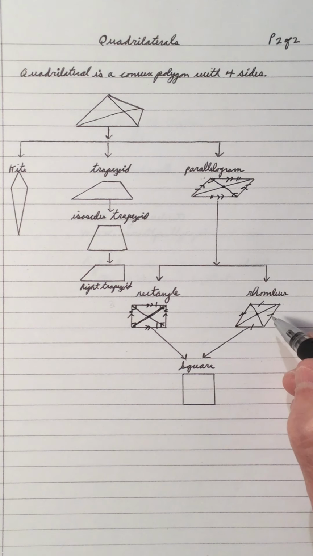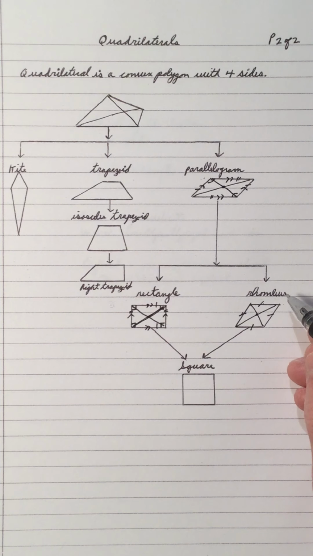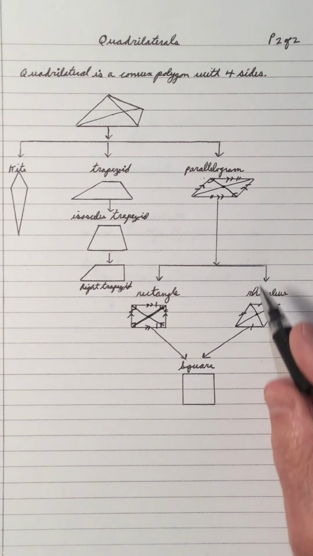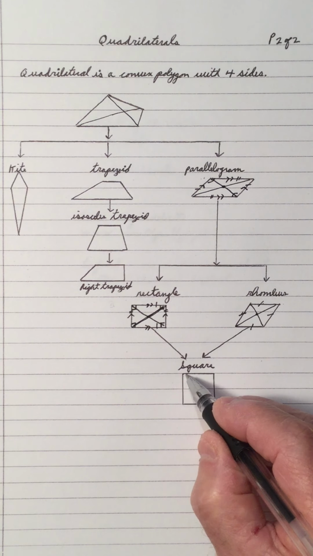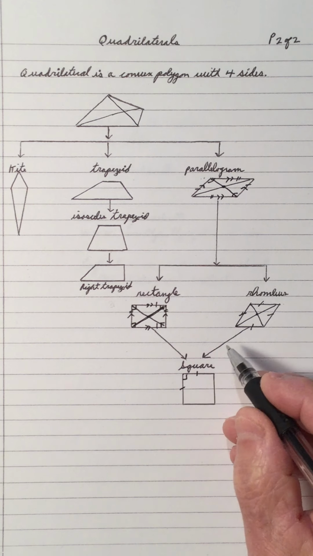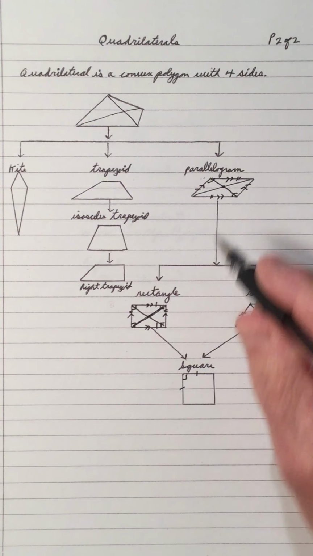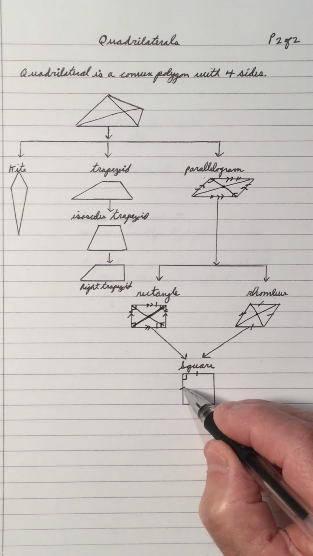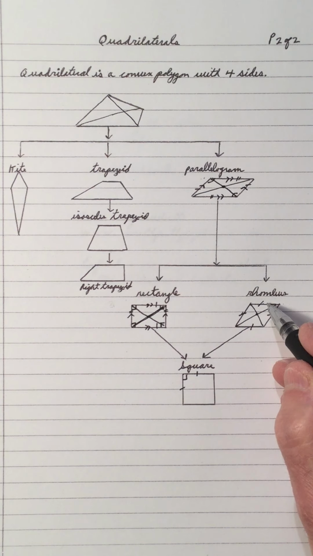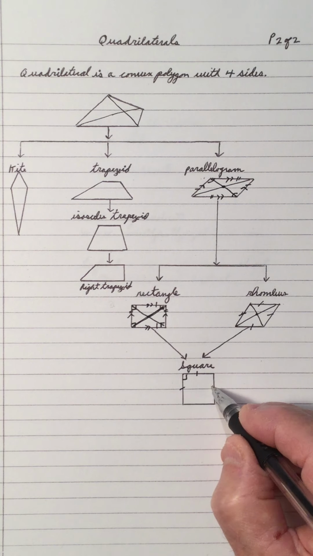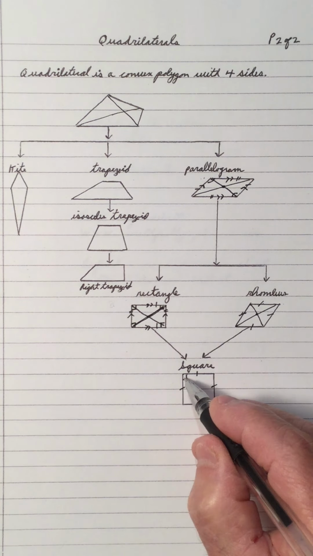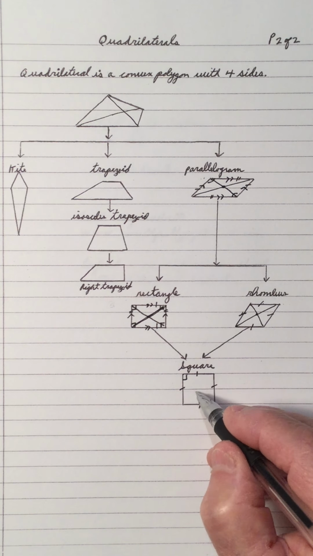Opposite sides are equal, etc. And if you put them all together, if you take a parallelogram and give it a right angle, and make the adjacent sides equal, then a parallelogram with a right angle and two adjacent sides equal forms a square. If you take a rhombus, which has all the sides equal, and give it a right angle, a rhombus with a right angle is a square.